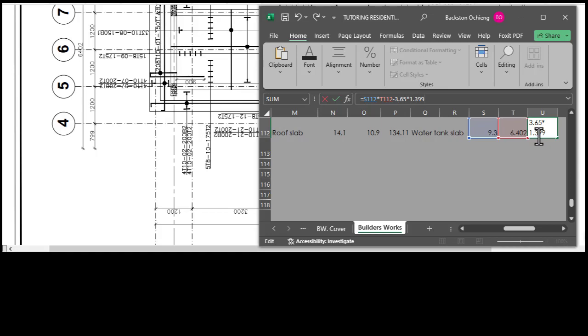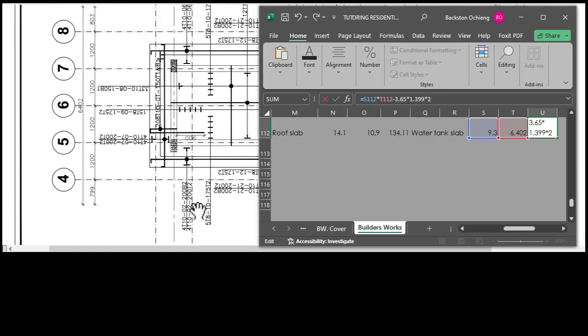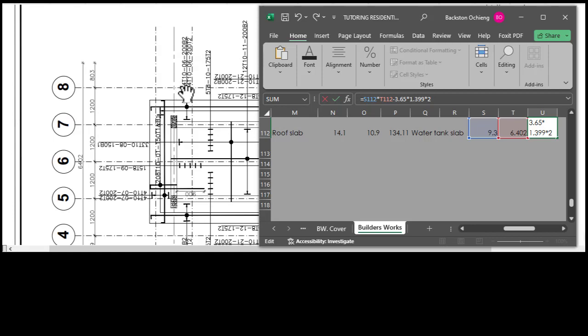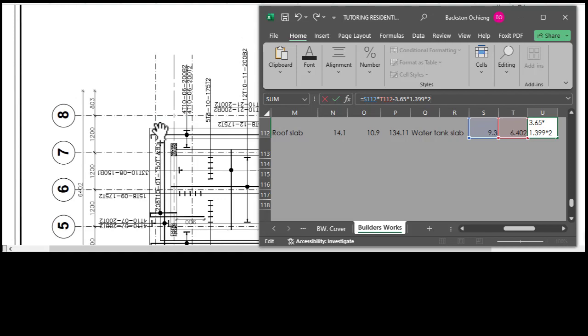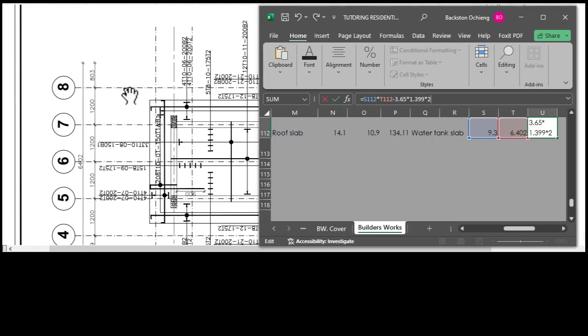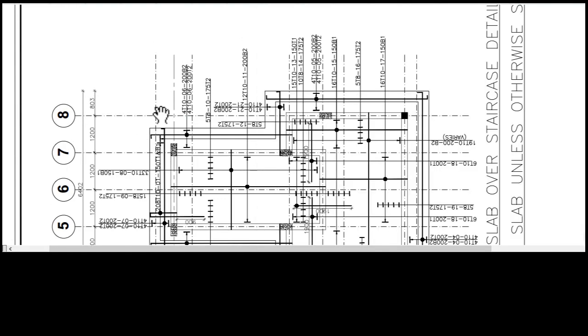For the width, this should be multiplied by 2, the bottom side and the top side, which are sharing the same dimensions. Actually, the other one is 803 plus 600.